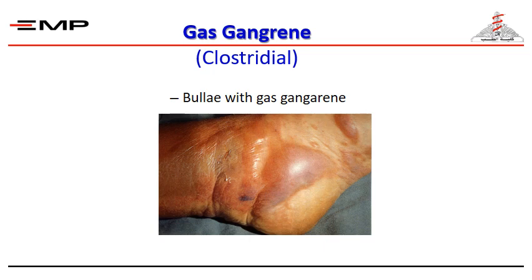The vital signs may include systemic toxicity and include no or low-grade fever, tachycardia, which is a relative tachycardia, tachypnea, hypotension, or hypoxia. Confusion is evident with sepsis.